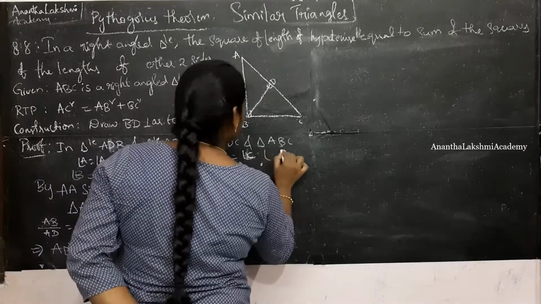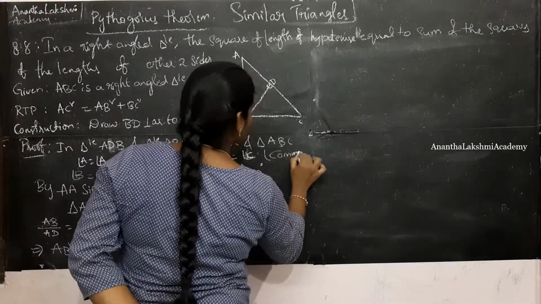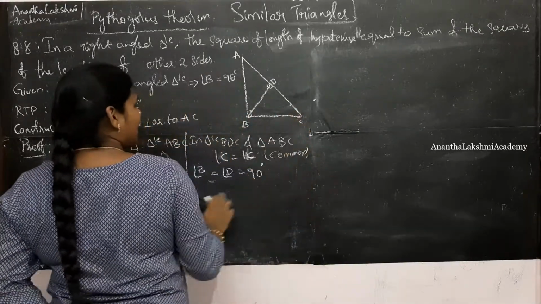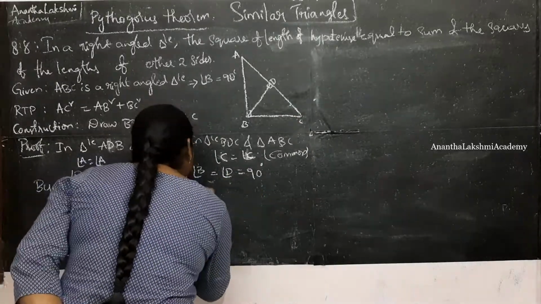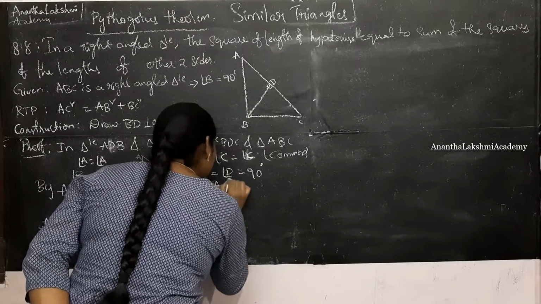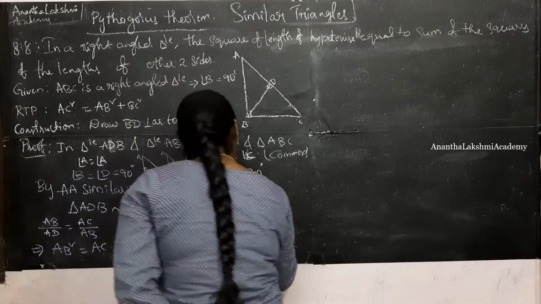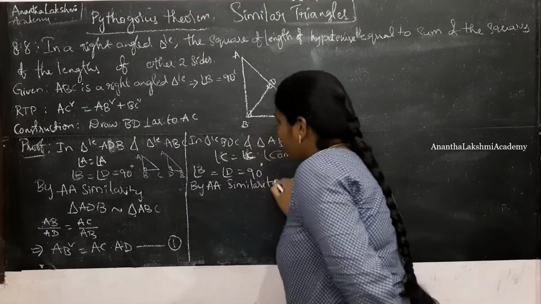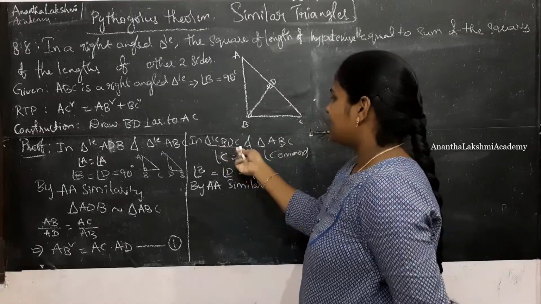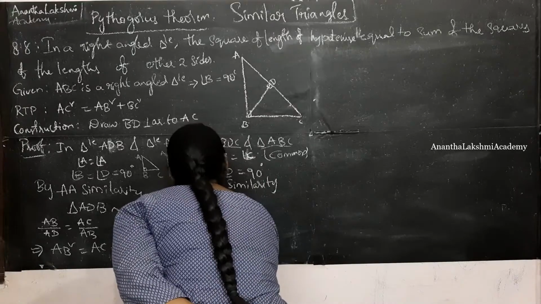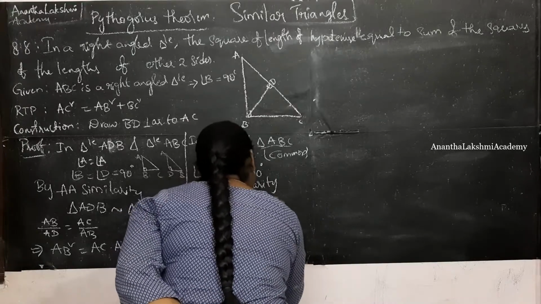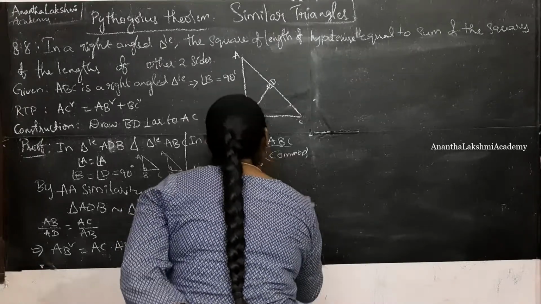Angle C is common in both the triangles, and angle B is equal to angle D is equal to 90 degrees. By AA similarity, this triangle BDC is similar to triangle ABC.